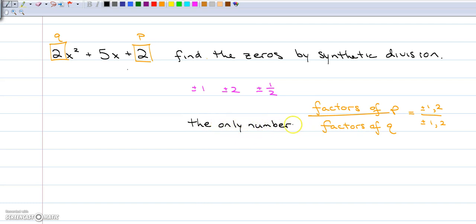I'm not going to give you any guidance. You have to be able to recognize the only numbers that you should even consider in the synthetic division process have to come from that P over Q relationship. That is the constant on top and the leading coefficient on the bottom.